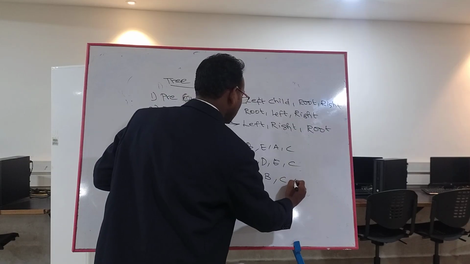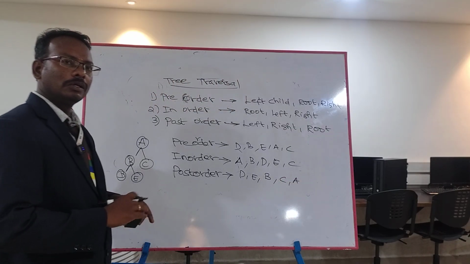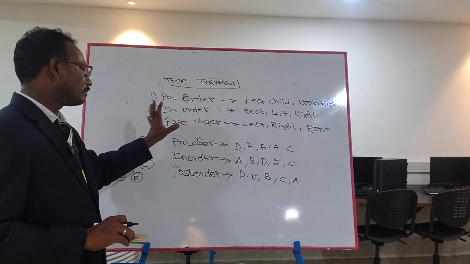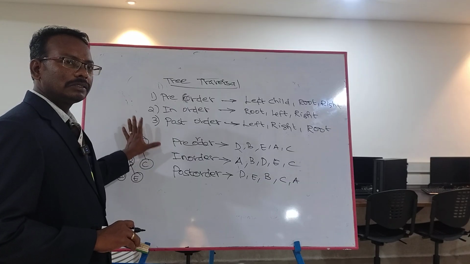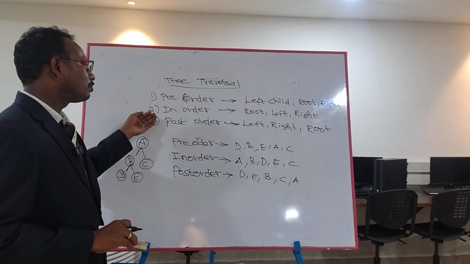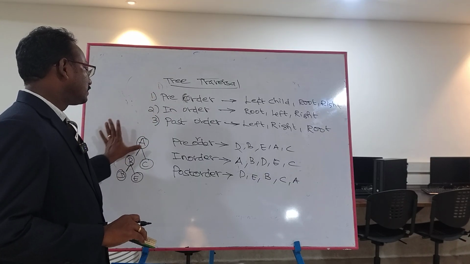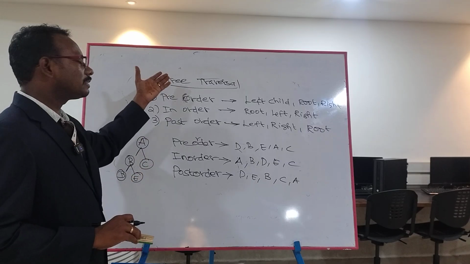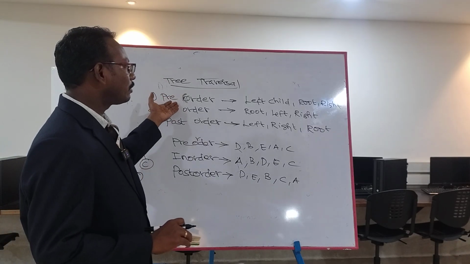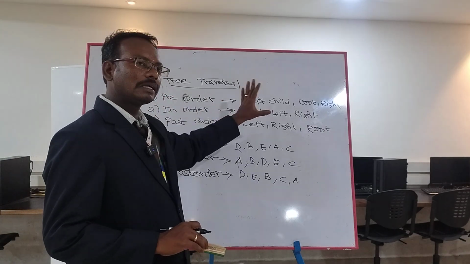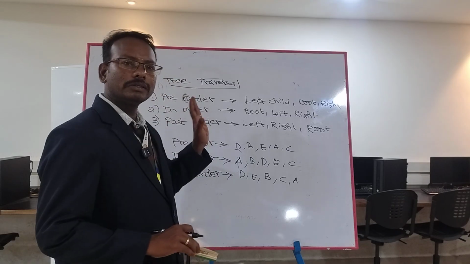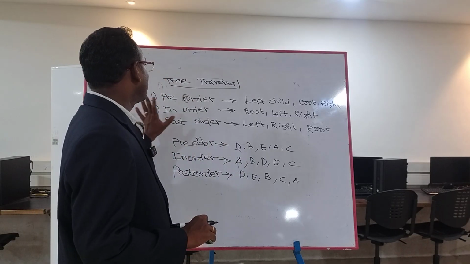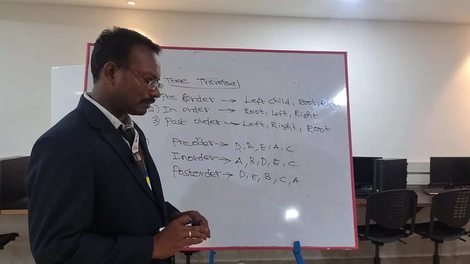Therefore, C, and last the root A. So it will visit in this order, and the main agenda is that we have to visit all the nodes in some kind of order, like pre-order, in-order, and post-order. This is one of the main advantages of tree traversal.